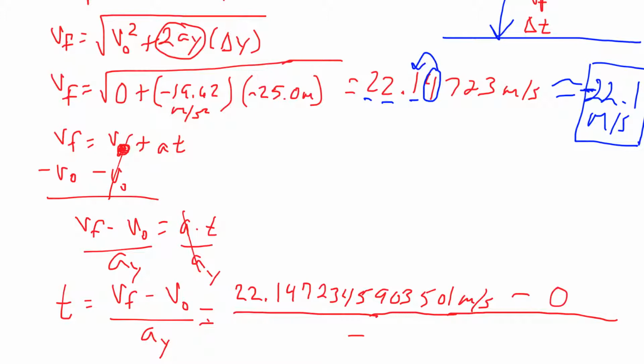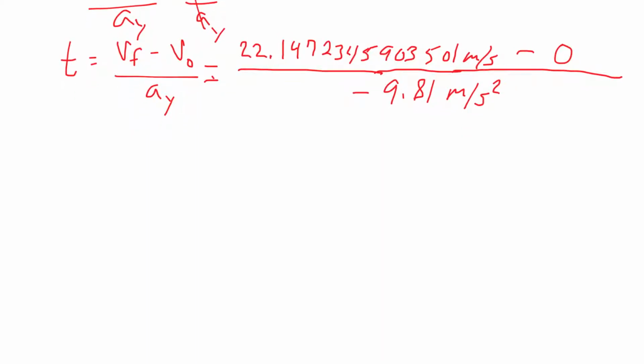And then divided by acceleration, negative 9.81 meters per second squared. Now, we are going to have a positive number on top. You've got a negative number on bottom, which is going to give us a negative answer, but you can't have negative time. Remember that this negative sign is not mathematical, it's directional. So we can ignore that on time because time doesn't have direction to it. Okay? So let's plug that into our calculator.